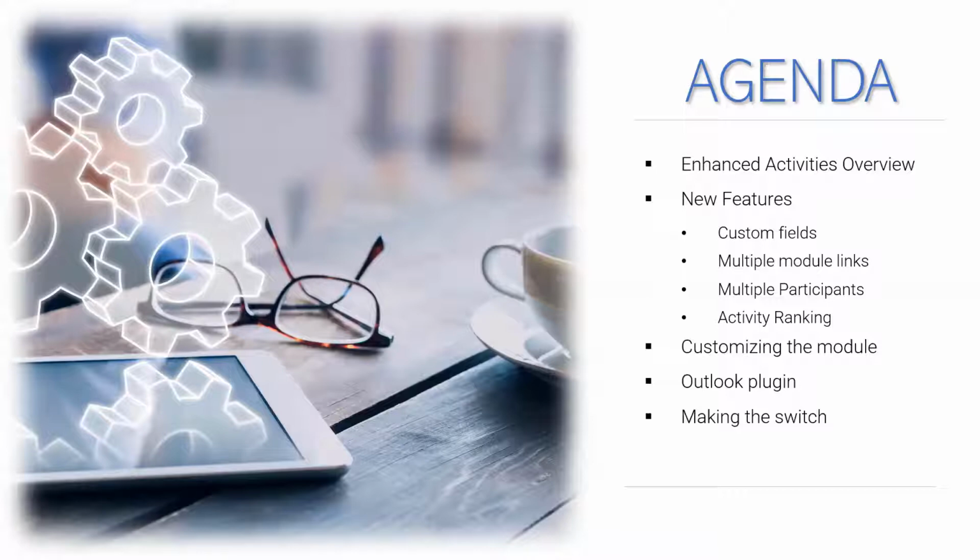The other thing is in the meetings type of activity, you are able to add multiple participants. So you attach the activity to an account and a contact, but then you can add participants to that meeting, and they can be users, they can be other contacts, they can even be a custom person from outside the database.